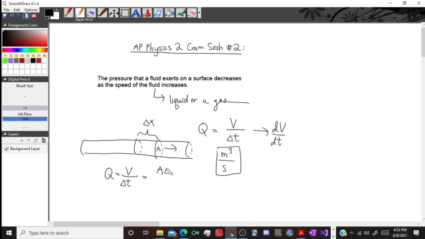So now it'll be A delta x over delta t. The change in position with respect to time, dx/dt, is the same thing as the speed. So we can also rewrite it as the cross-sectional area times the speed. Both of these formulas work for flow rate depending on the information you're given.